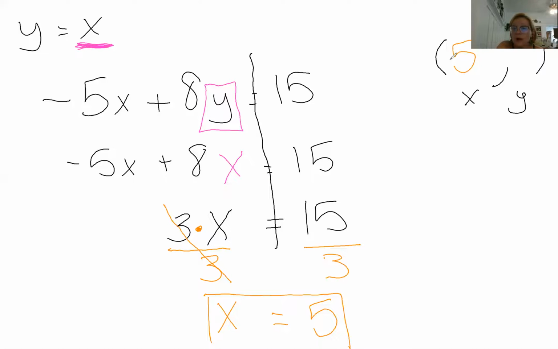Okay? We aren't done though, because we have our x, we still need our y. So we're going to go back and figure out what our y is. You can choose either equation for this. I recommend you choose the one that looks easier, okay?